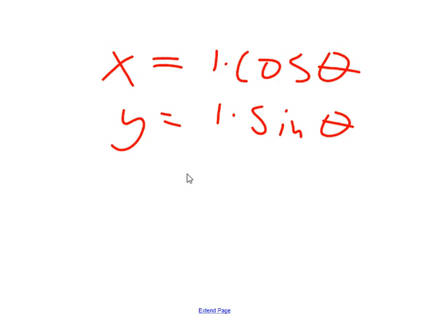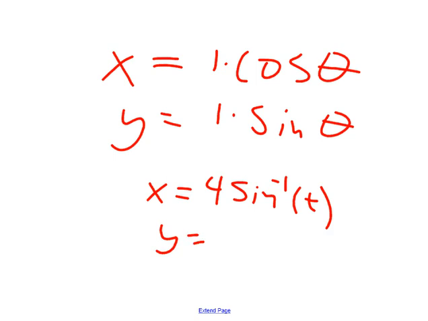How about if I ask you to graph something unusual? Why don't you try graphing for me what x equals 4 inverse sine of t would look like, along with y equals 3 cosine squared of t. Something unusual.